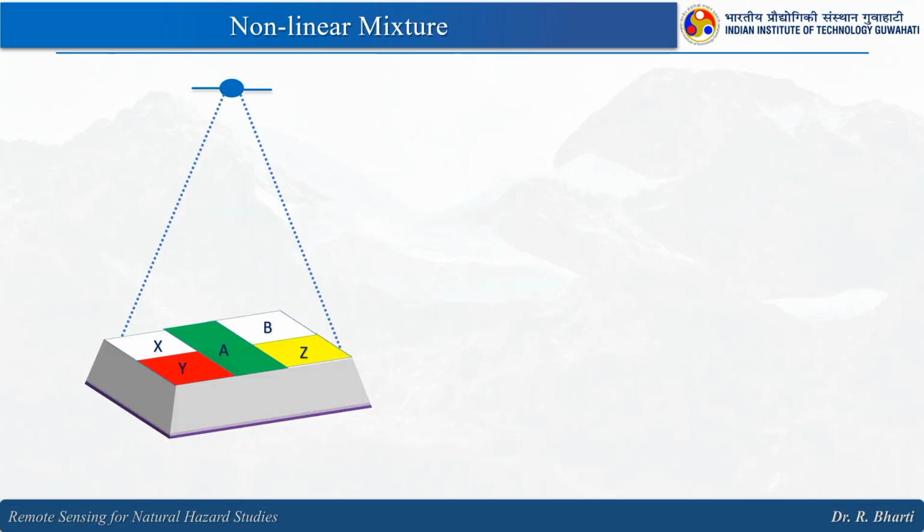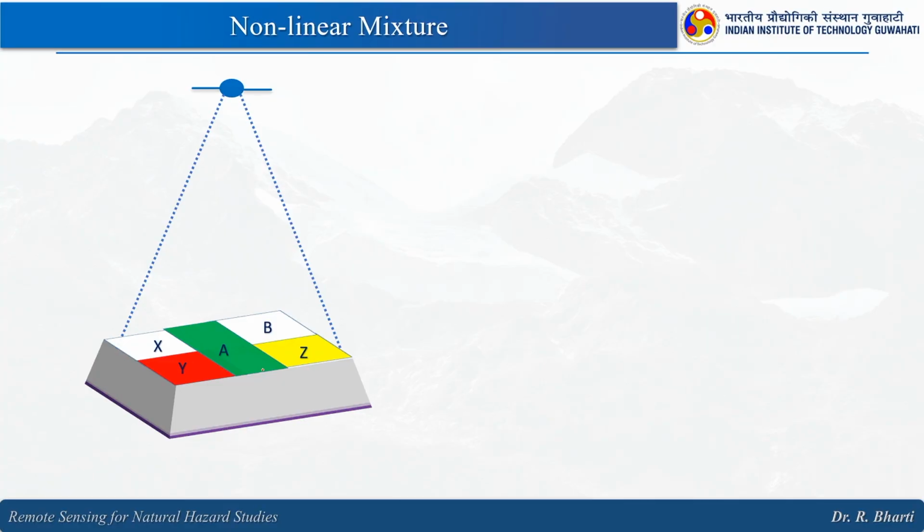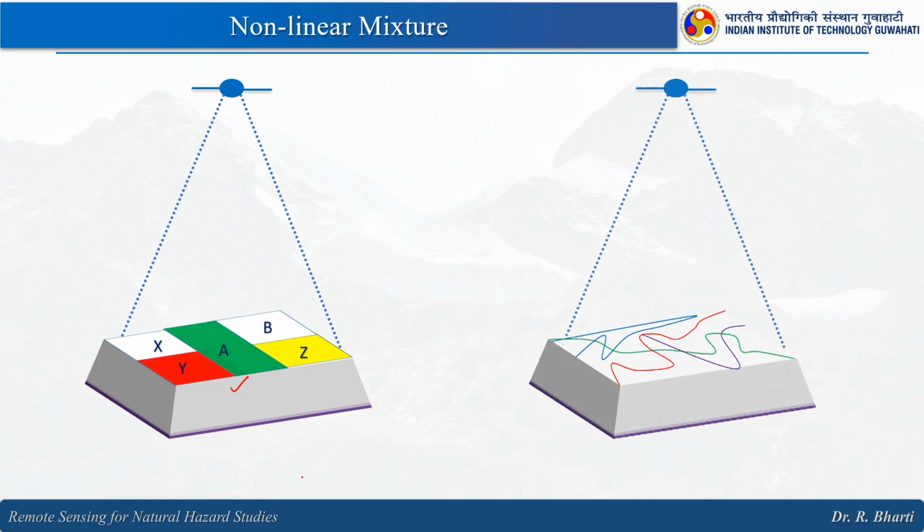So, this is the problem with hyperspectral remote sensing, that 1 pixel representing the ground is actually large and one type of material is not present within meter or kilometer level. Because of that, you are having the non-linear mixing problem. So, here you see, if my material is present in such a way, X, Y, Z, A, B all are present here, so you are getting a spectra, right.